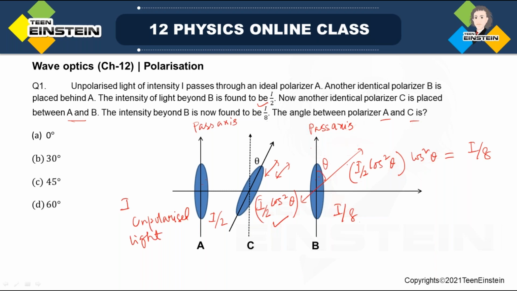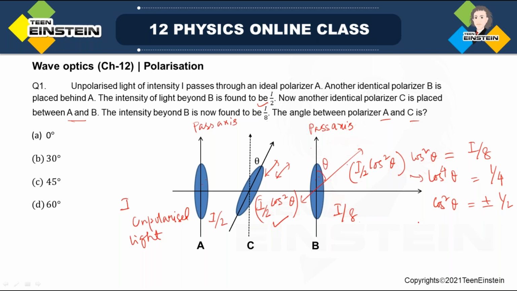So if I solve it, this is cos to the power 4 theta equal to, not I, 1 by 2 as you can see from here, so 1 by 4. So cos square theta will be plus or minus 1 by 2.